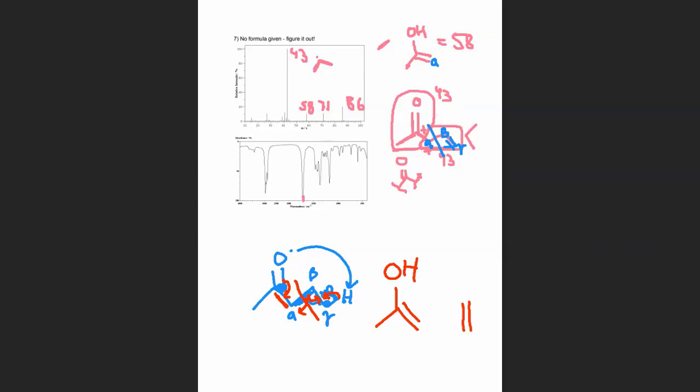This is your remaining fragment. This is what you get, and then this will be the alpha, beta, and the positive charge will be at the oxygen.